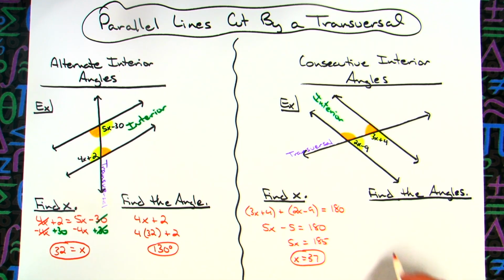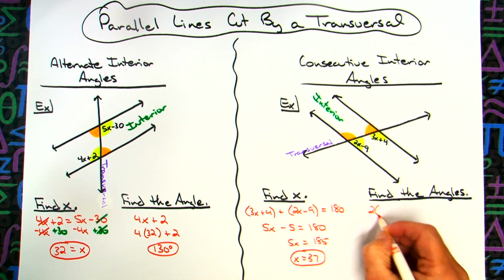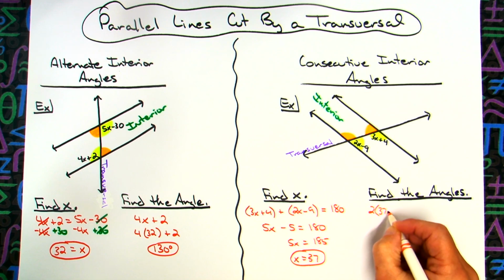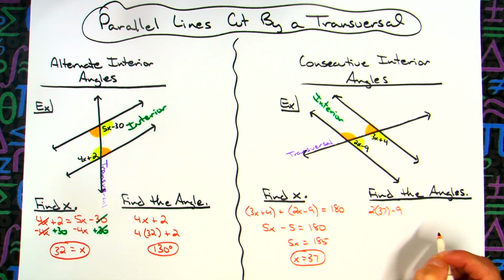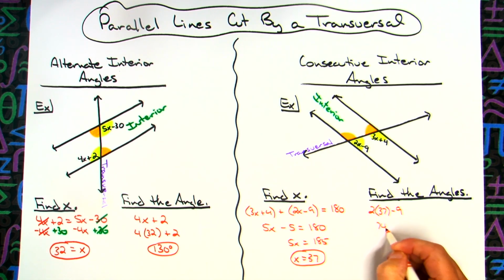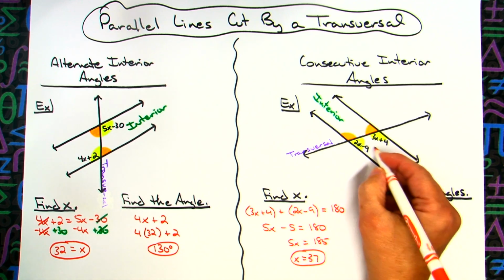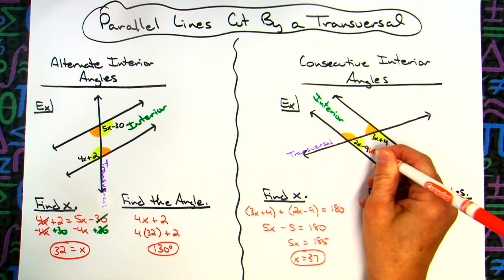So 2 times 37 minus 9 for the one angle. 2 times 37 is going to be 74, and then 74 minus 9 is going to be 65. So this angle right here is 65 degrees.